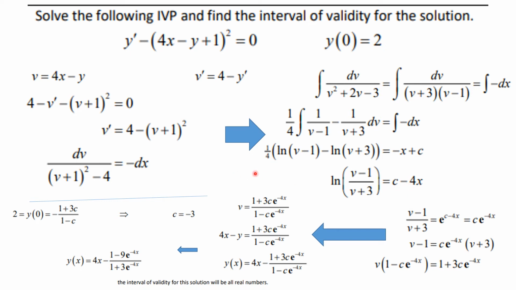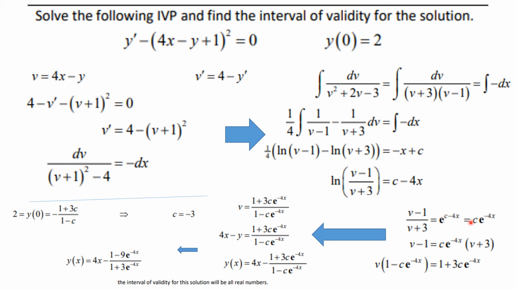And here we multiplied all the way through by 4, and so c isn't c anymore. c is 4 times the original c. Now we're going to exponentiate both sides because we're solving for v, and then we'll eventually solve for y. So we exponentiate both sides, getting this.